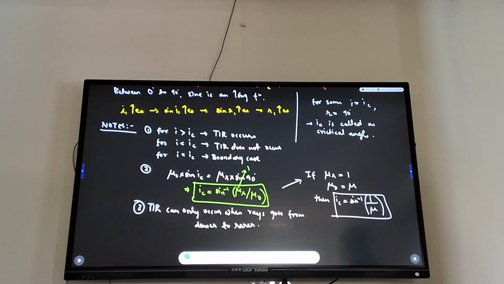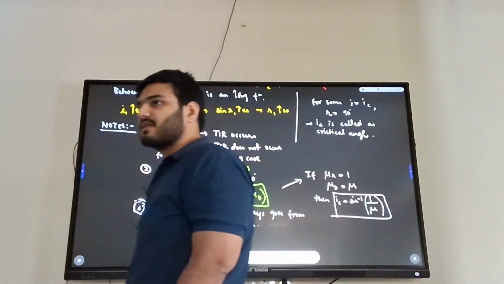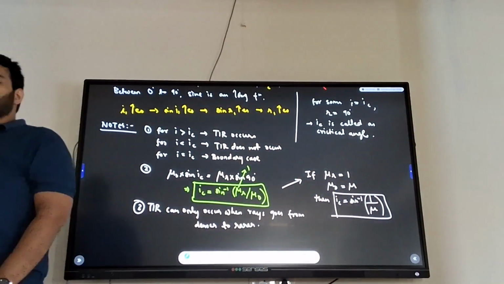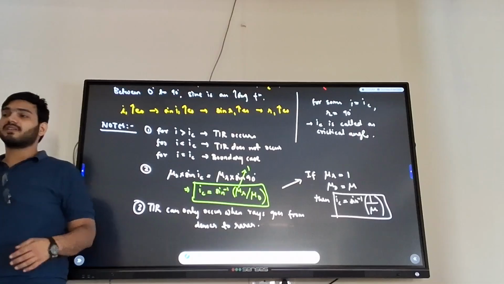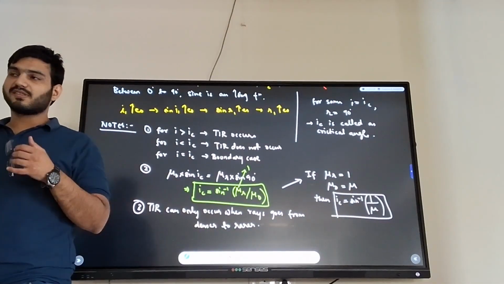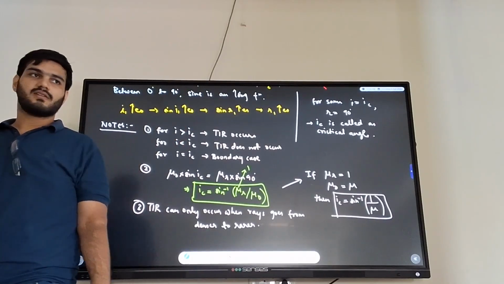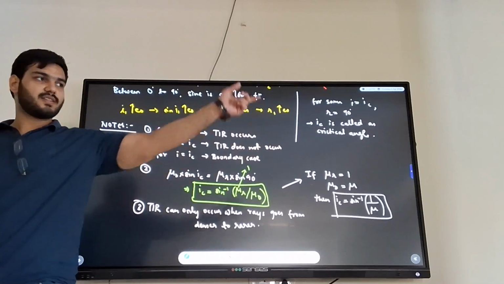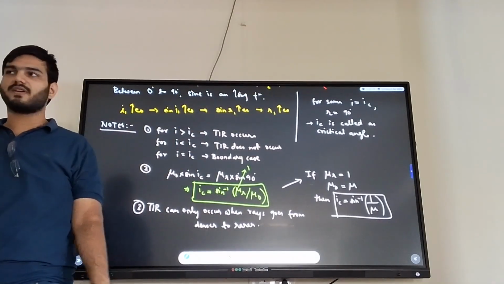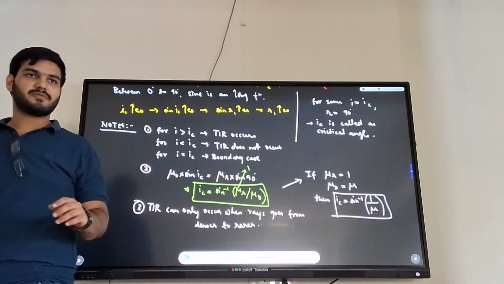But now there is a very important thing which I was talking about when I started with the topic. How can you have such a very important application of Snell's law in real life? Then I should ask you this: for long distance communications, when you speak here, how does the information go there without any loss? I speak here and then a person who is standing 100 kilometers away listens to my voice and all the information very clearly.